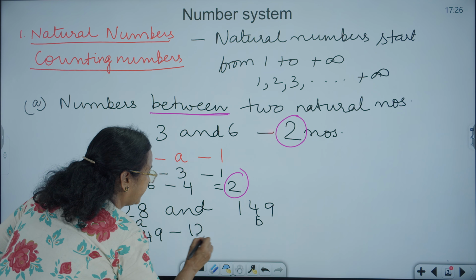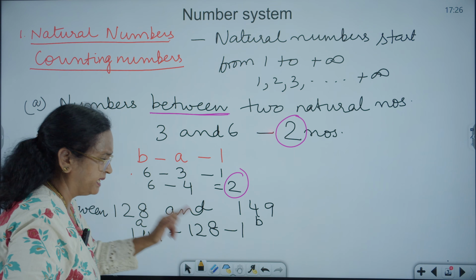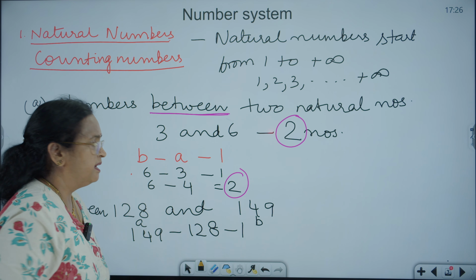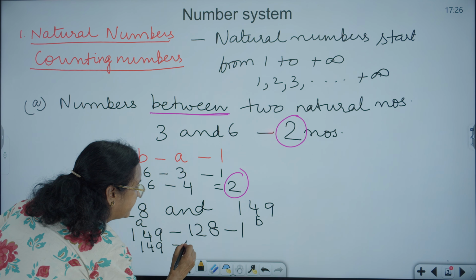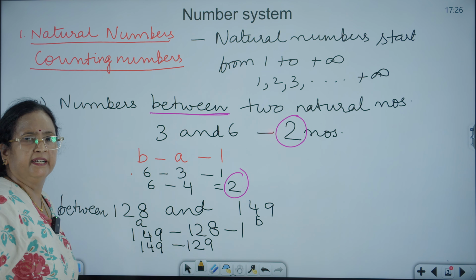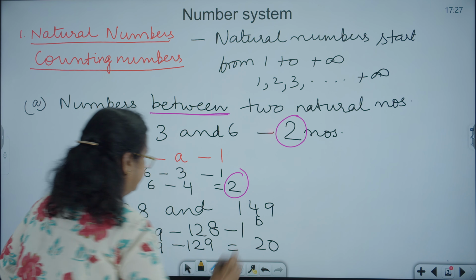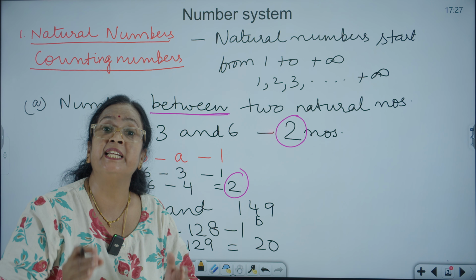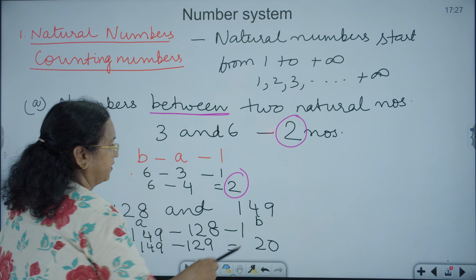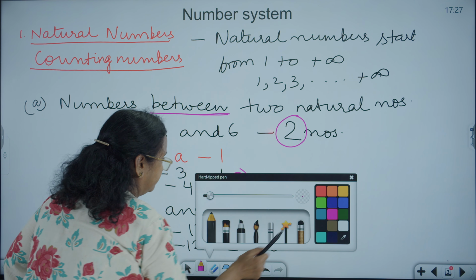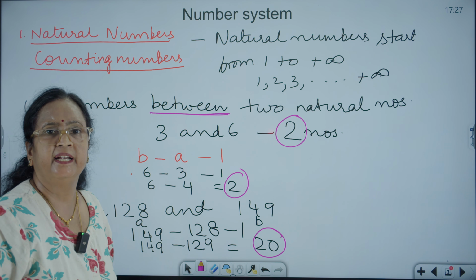What is A? 128, minus 1. You can use directly also 149 minus 128 and then subtract 1. But BODMAS rule is a BODMAS rule. So, 149 minus 129. Now, the answer is 20. So, you have 20 natural numbers between 128 and 149.